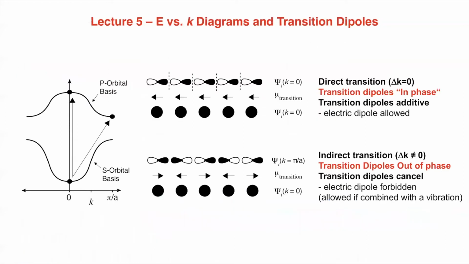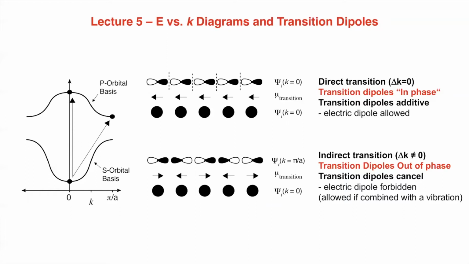So let's just take a look at this in terms of transition probabilities and transition dipoles. So optical transitions like this are linear transitions, and they involve a change in dipole moment from the ground to the excited state. And I like to think about this in terms of whether or not that transition couples to the oscillating electric field of a photon.